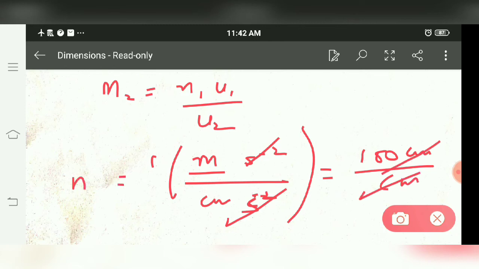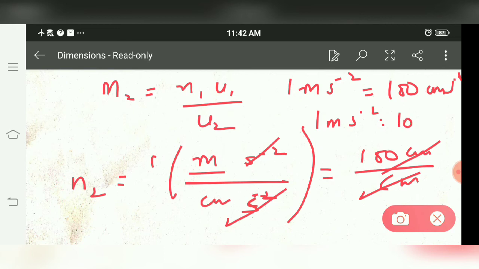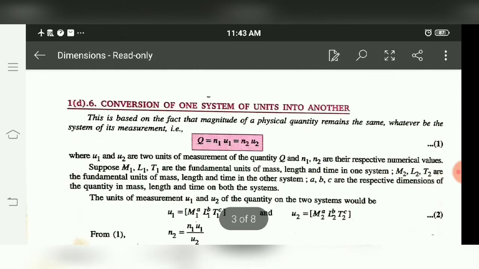We get n2 equals 100. So 1 meter per second square equals 100 centimeter per second square, or 1 meter per second square equals 10 raised to power 2 centimeter per second square. So this is the conversion of one system to another.